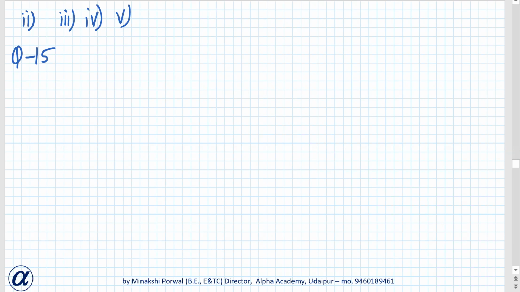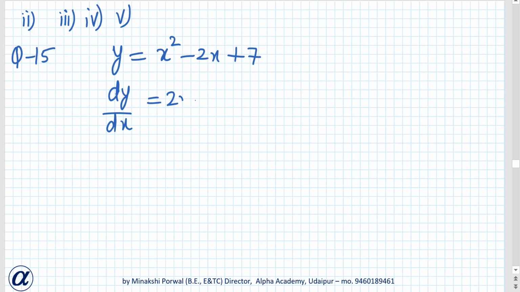Find the equation of the tangent line to the curve which is parallel to the given line. The equation of the curve is y equals x square minus 2x plus 7. To find the slope of the tangent line to this curve, the slope is 2x minus 2.